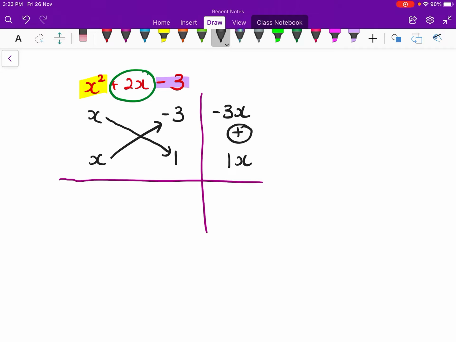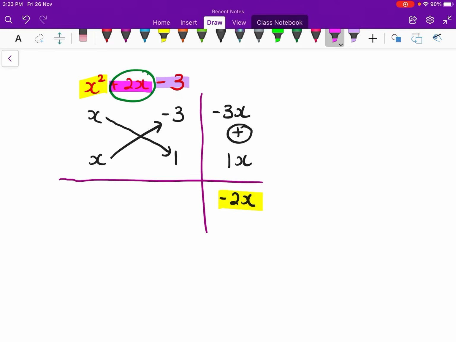Negative 3x plus 1x gives negative 2x. You check the negative 2x here and the 2x here. You can see there are two different things, because although the number and the letter are the same, the sign is different. So we cannot accept this. In this case I have done my factorization wrongly.